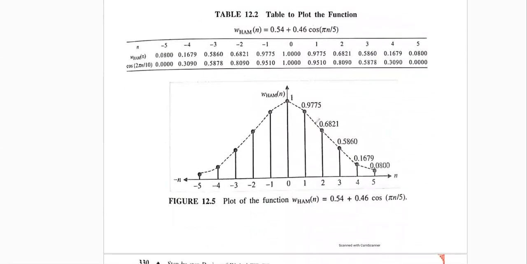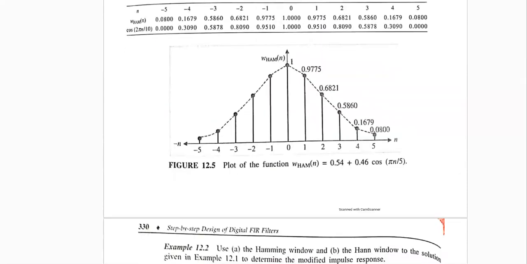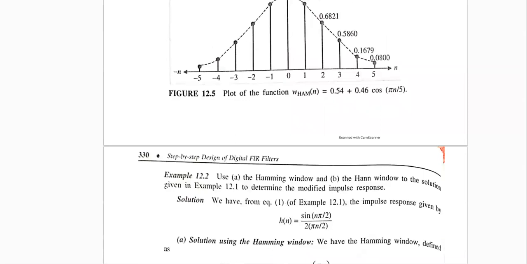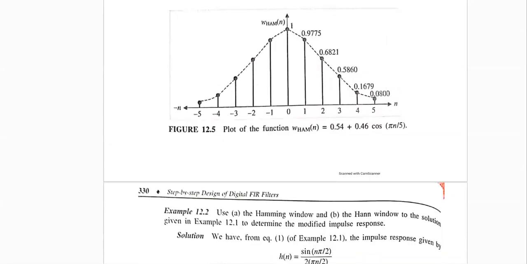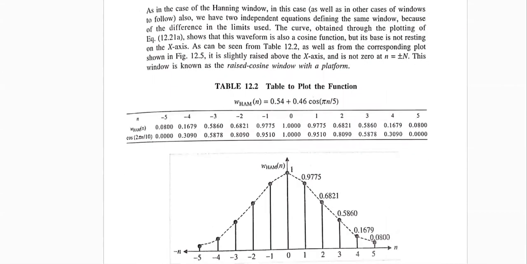We can compare these two windows afterwards. If we want to compare these two windows, what is the purpose of these two windows? That is an important fact. What is the difference, or what is the goal of understanding this kind of window?